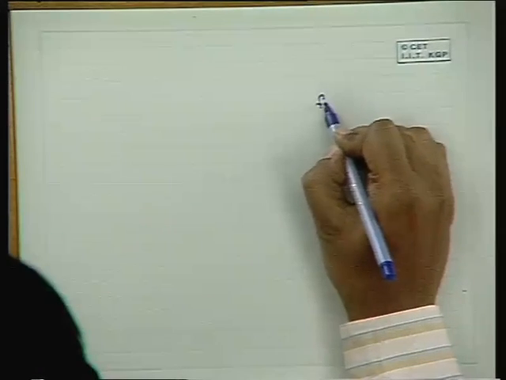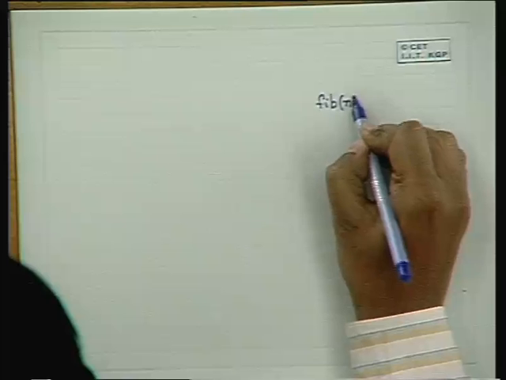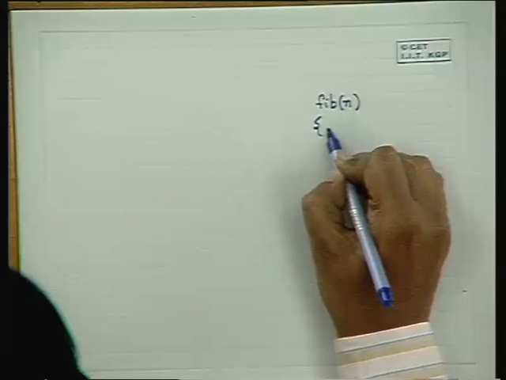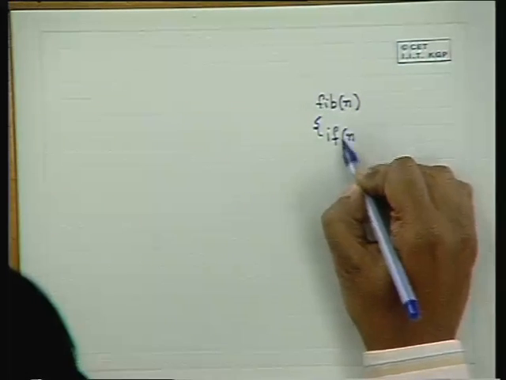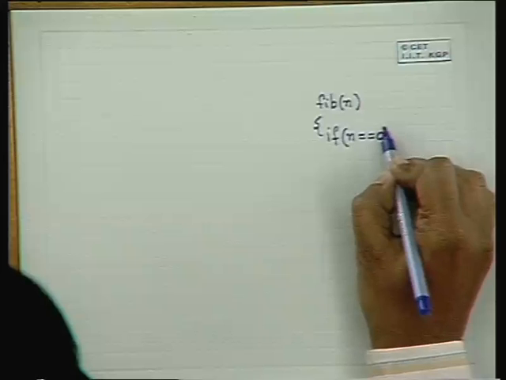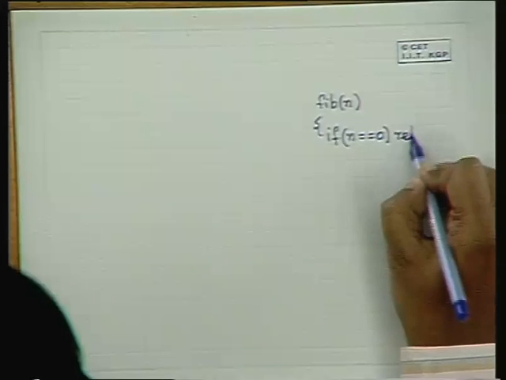We have already seen that in order to compute Fibonacci numbers, the recursive equation is like this. The program is fib(n): if n is equal to 0, we return 0.